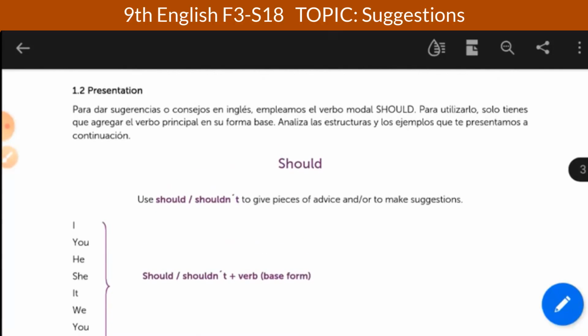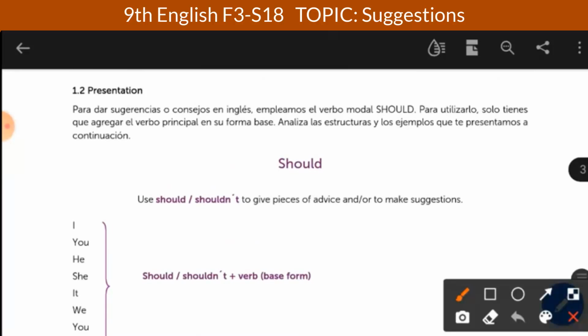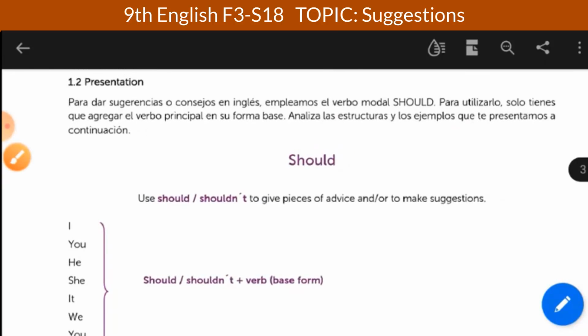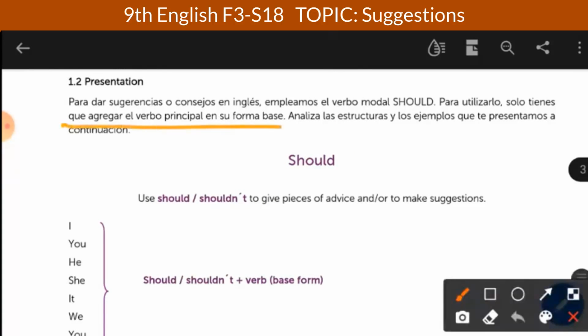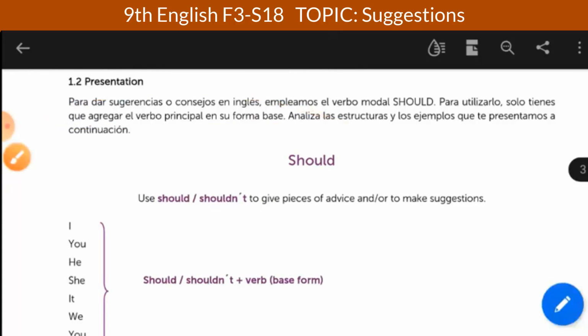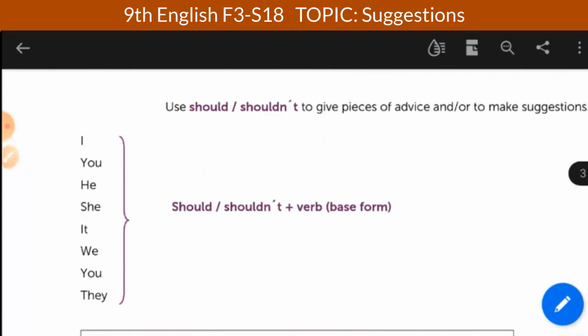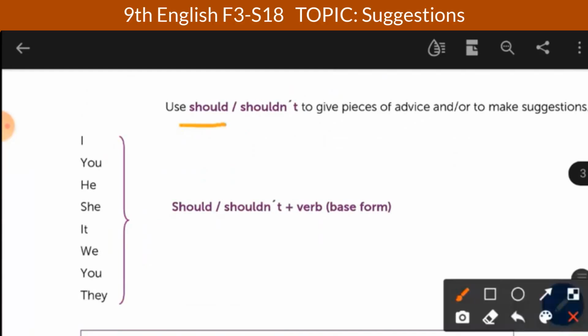Now let's continue. Para dar sugerencias en inglés utilizamos el verbo modal should, yes. Para utilizarlo solo tienes que agregar el verbo principal en su forma base. Agrega el verbo principal en su forma base. Ok, ¿cómo es eso? Attention here at the example. Here, should or shouldn't.